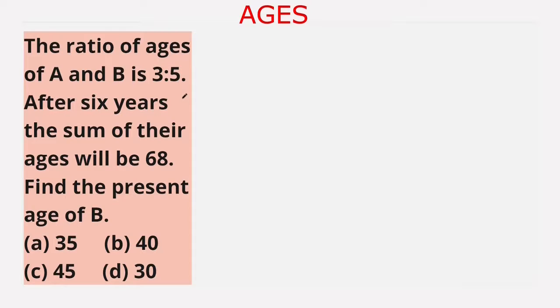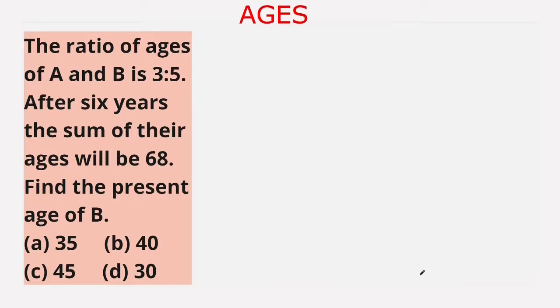So one part is equal to 7. Therefore 5 parts, which is B's age, 7 times 5 is 35. And from the given options, our answer is option A. And if it had been asked what is the age of A, then 7 times 3 is 21. The age of A will be 21 and the age of B is 35.